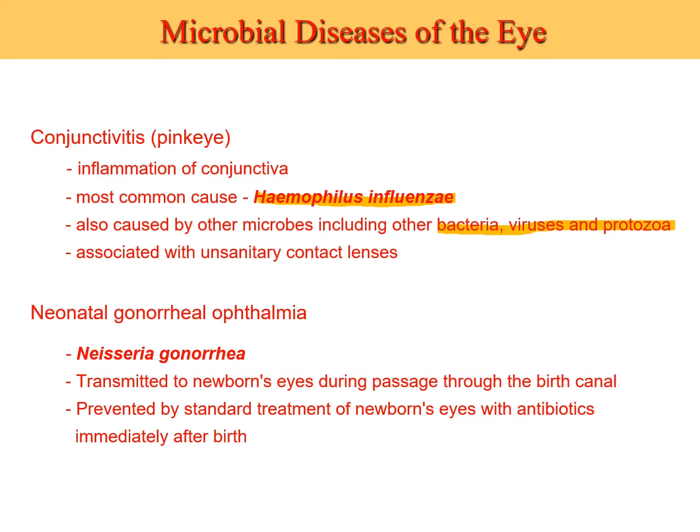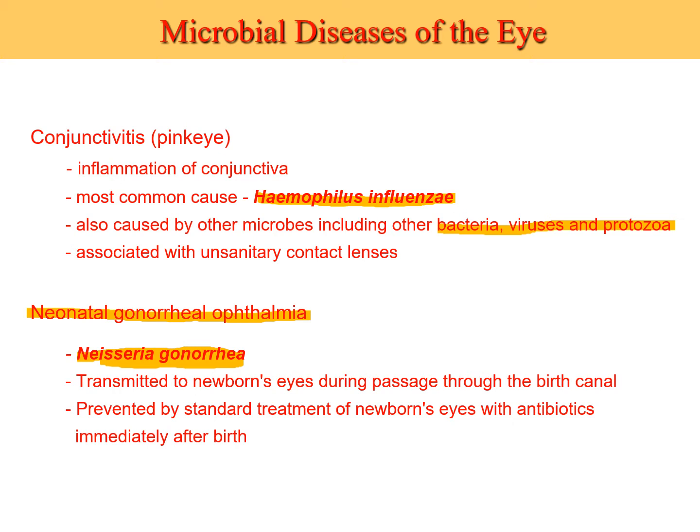Another type of microbial infection, bacterial infection of the eye, is due to Neisseria gonorrhoeae. That's the bacteria that causes it, and the disease is called neonatal gonorrheal ophthalmia. Now, this is a case of the newborn picking up the bacteria during the birthing process as it passes out of the uterus through the vagina, and the infection is picked up in the newborn's eyes.